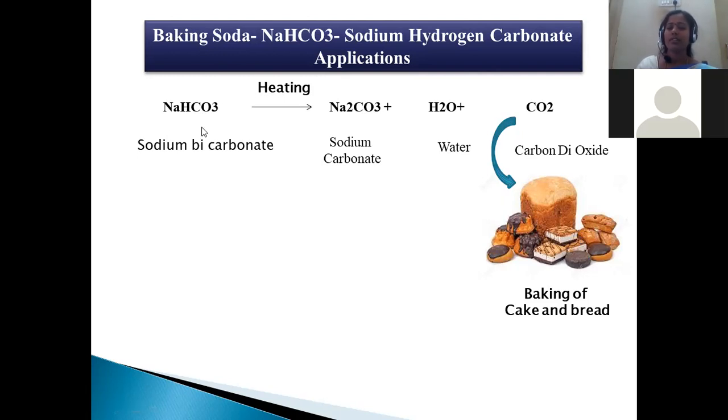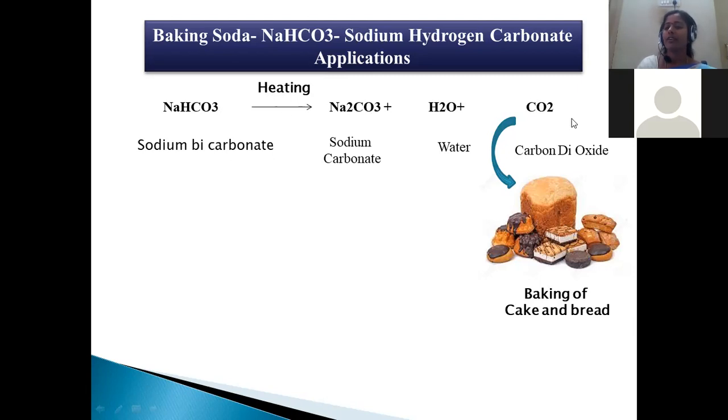While cooking food, baking soda, also known as edible soda, can be used for baking food materials, especially cake and bread, based on the release of carbon dioxide during its decomposition upon heating. Let us see one more time: sodium bicarbonate, upon heating, gives sodium carbonate, water, and carbon dioxide.